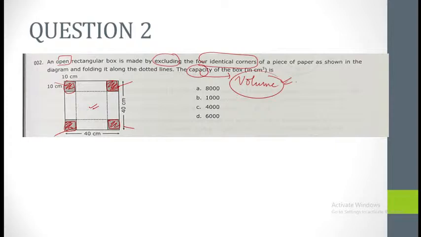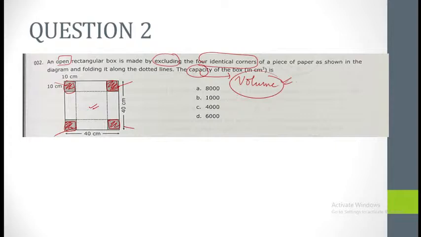Get the answer, everyone. It's very simple. If you mark it down nicely, you'll be able to get the answer very nicely. Okay. It's very simple. Last question for the day.